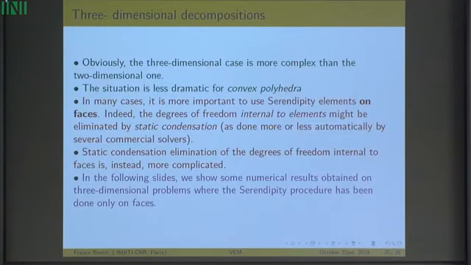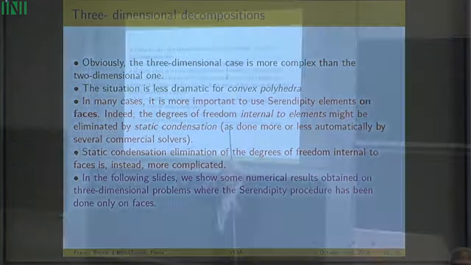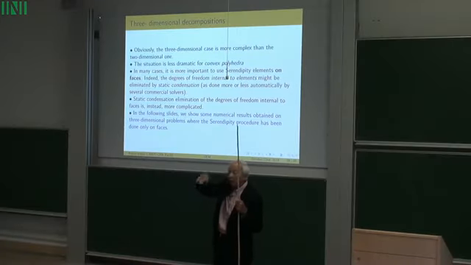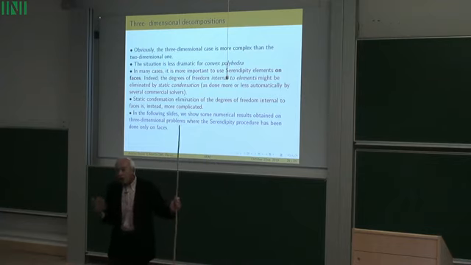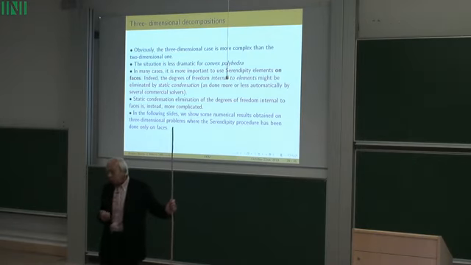Okay. So now very quickly, something on three-dimensional decompositions. On three-dimensional decomposition, what is important is really to get rid of the elements on the faces. Because so far in 2D, you could have objected, why do you struggle to eliminate the internal degrees of freedom in 2D while static condensation would do it for you?